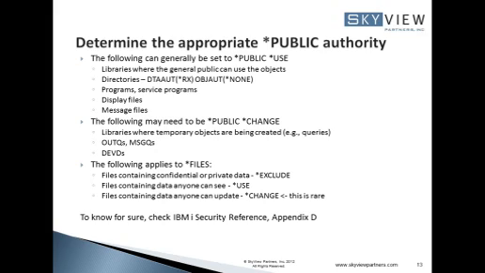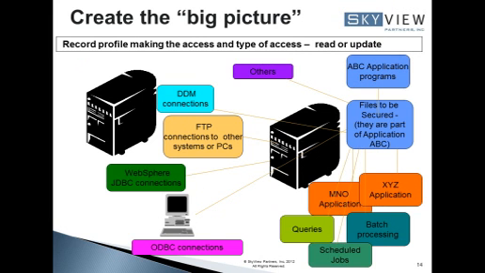What you are trying to determine is those processes that are coming in from outside of the application and either using or viewing the data within this application or updating it. Okay, so this picture is just trying to be a way to trigger some of the things that may be happening on the system for that data, and it's trying to trigger your mind to think of all of the ways that the data is being used.